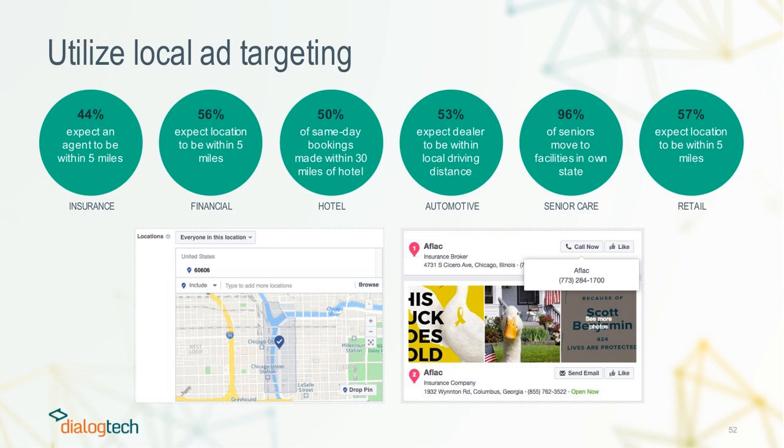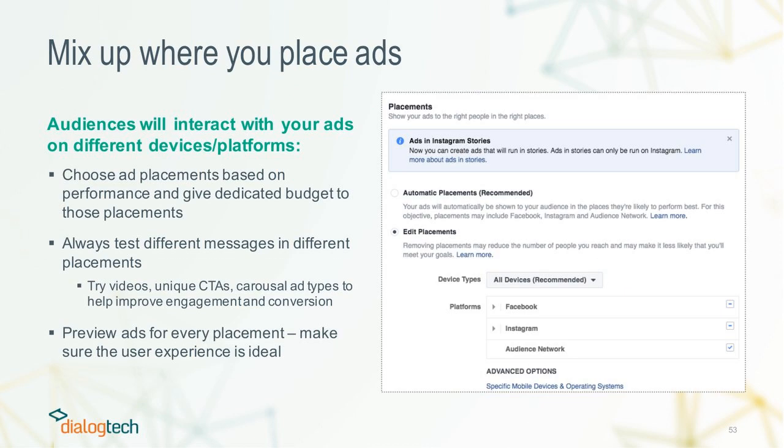So again, you're going to get all of these slides. If you guys are in one of these verticals, you can get your stats to help you make your case, but really make sure that you're utilizing local ad targeting. And mix up where you place the ads, right? We talked about how you can break down your data and look at Facebook newsfeed, Instagram, desktop versus mobile. And remember, the audiences are going to interact with your ads differently.